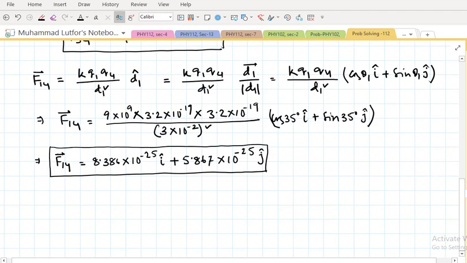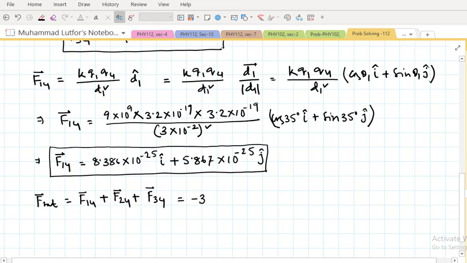So I can write F net as the sum of F14 plus F24 plus F34.